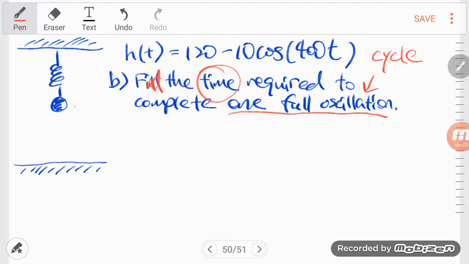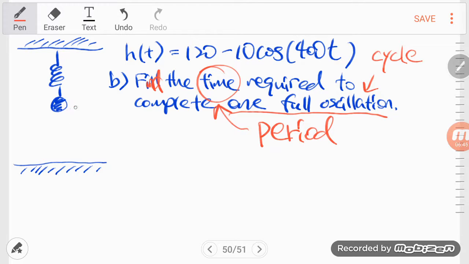And for one full cycle, I hope a word that starts with P pops in your head. P-E-R-I-O-D, period. This is basically asking us to find the period.